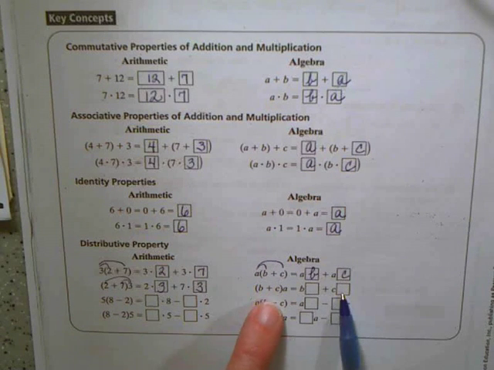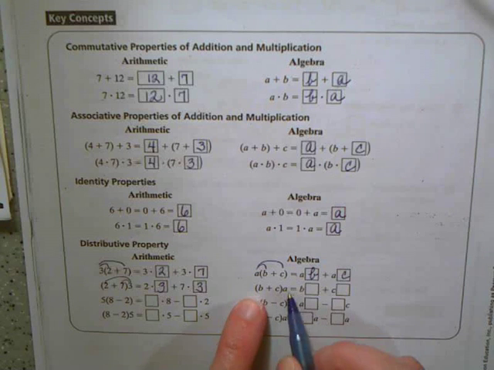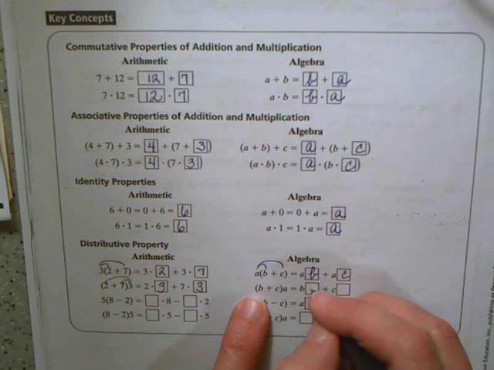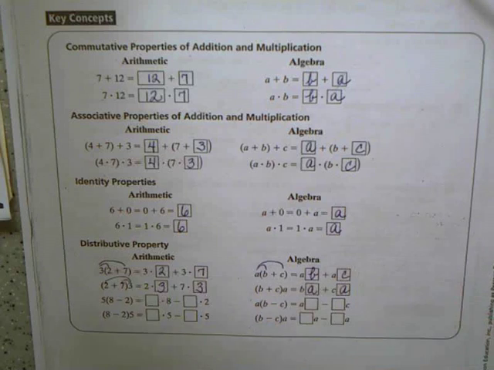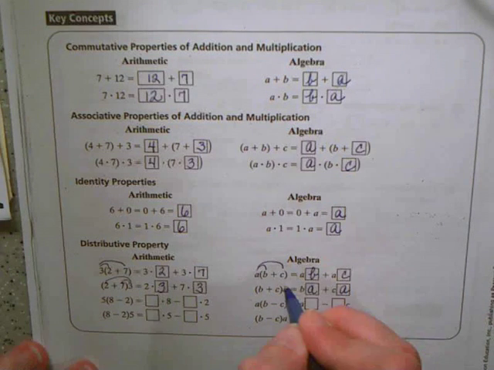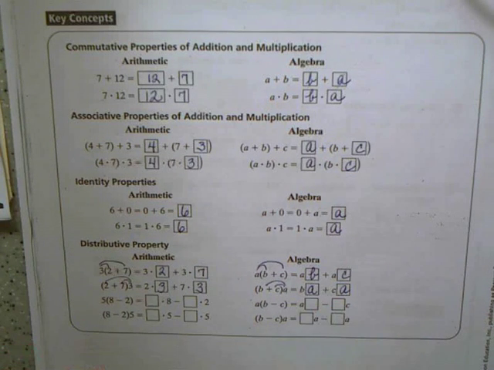So each term within the parentheses, 3 distributes to them, and then I add those two products together. Similarly, I could illustrate this with variables. The quantity b plus c times a is equal to the product ba plus the product ca. Again, the a being distributed to both terms within the parentheses. This also works for subtraction as well.